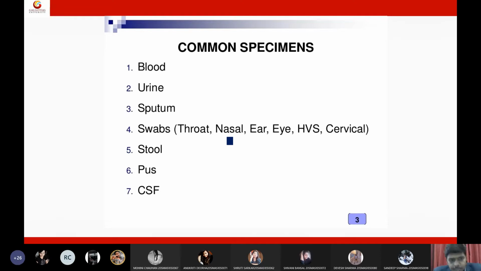Then viruses such as rotaviruses and enteroviruses can be detected in stool, and some skin blister causing viruses can be detected in pus, and viruses that can cause encephalitis, brain infection, can be detected in the CSF. One best example is the cytomegalovirus. Cytomegalovirus will cause brain infection, which can be detected in the CSF sample, cerebrospinal fluid sample.